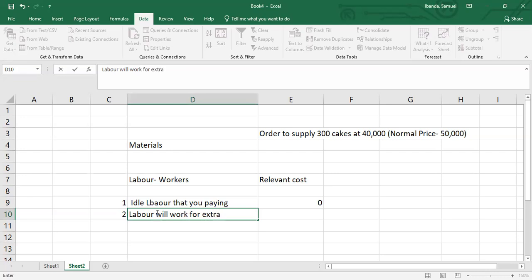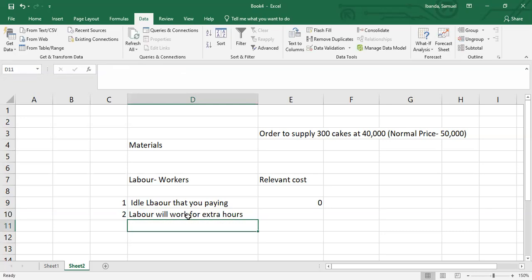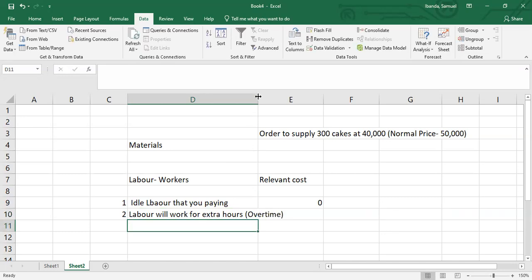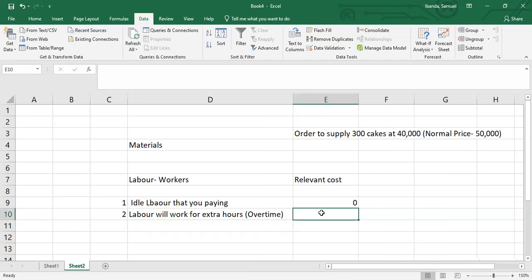In this case, you have existing labor that you're already paying a salary, but because of this contract, they are going to work extra time and you have to pay them overtime. The relevant cost for such a scenario will be the overtime payment.